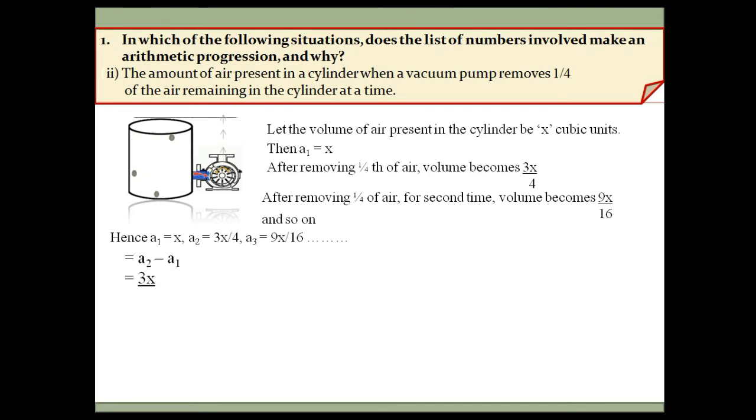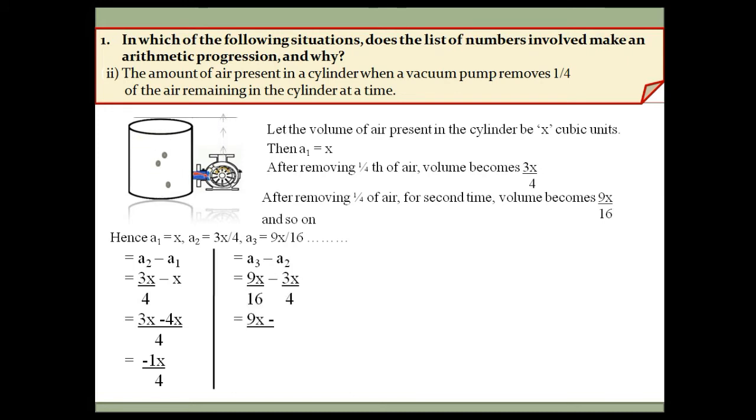Second term minus first term equals 3x divided by 4 minus x. After taking LCM, 3x minus 4x whole divided by 4. 3x minus 4x is minus x, divided by 4. Nothing but minus x divided by 4. Third term minus second term equals 9x divided by 16 minus 3x divided by 4.